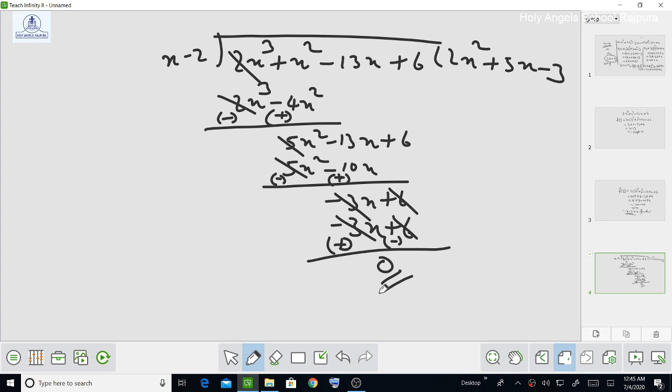Now, the given polynomial can be expressed in this form: x minus 2 into 2x square plus 5x minus 3.